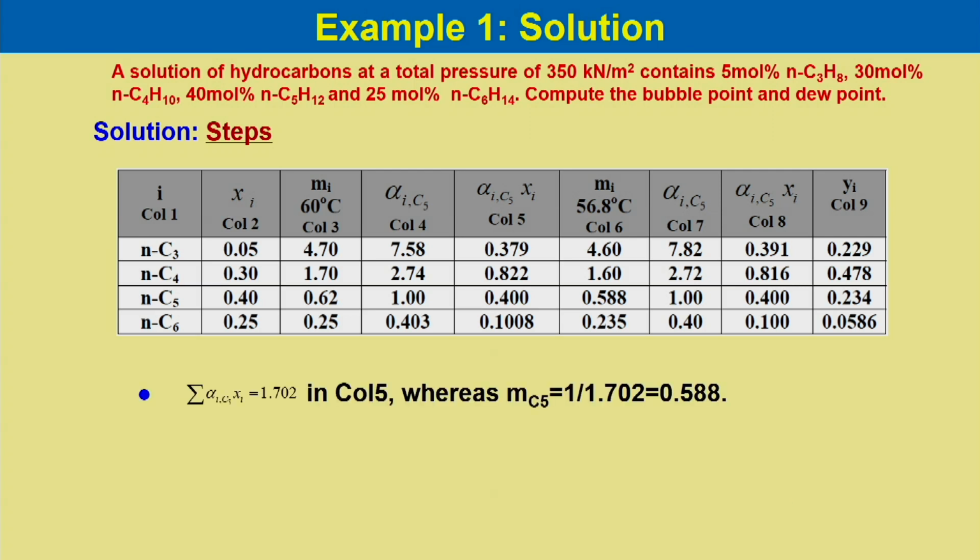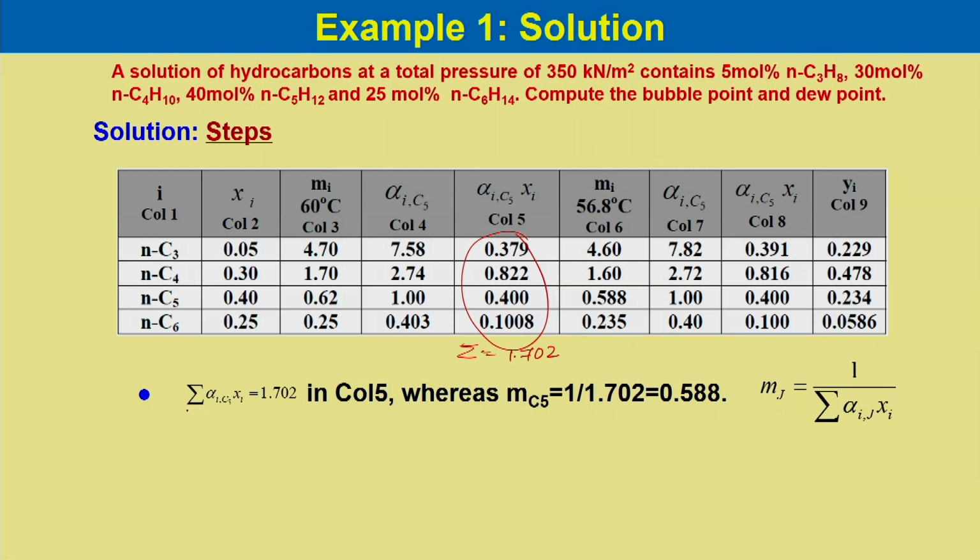Now, summation over all the components in column 5, we can calculate the sum, which will give about 1.702. Now, we know that Mj is equal to 1 by summation over alpha ij xi.